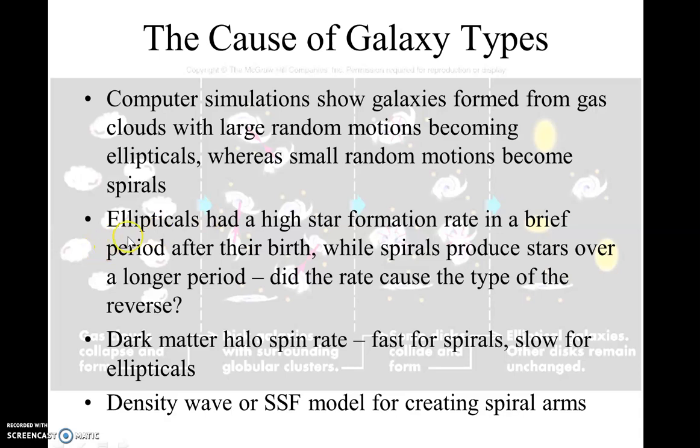And we find that in these simulations, elliptical galaxies have really high star formation very early after their birth. So you have lots of stars forming.